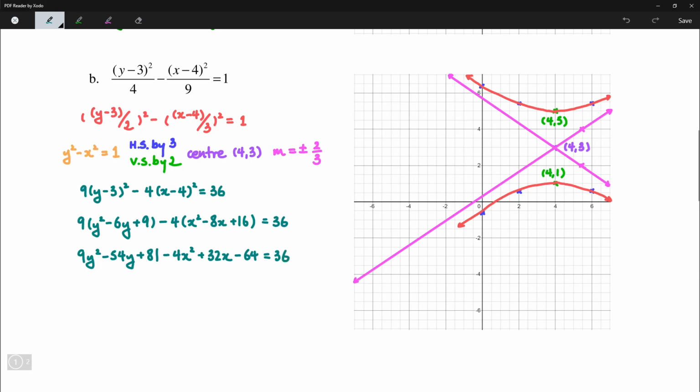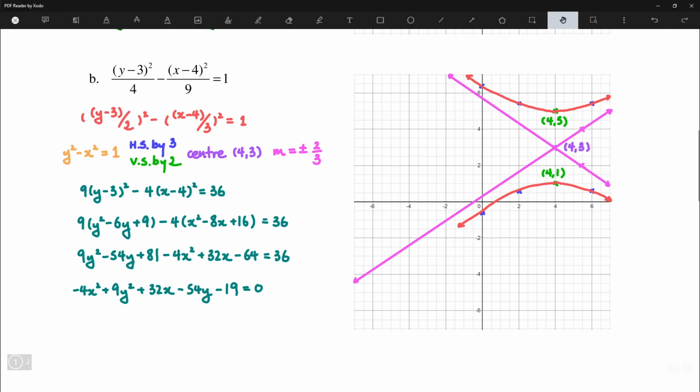Once again, we're going to rearrange the terms, leading with the x squared: negative 4x squared plus 9y squared plus 32x minus 54y. Finally, the constants combine to make minus 19, and the right-hand side will simply be 0. And that will be the general form of this particular hyperbola.